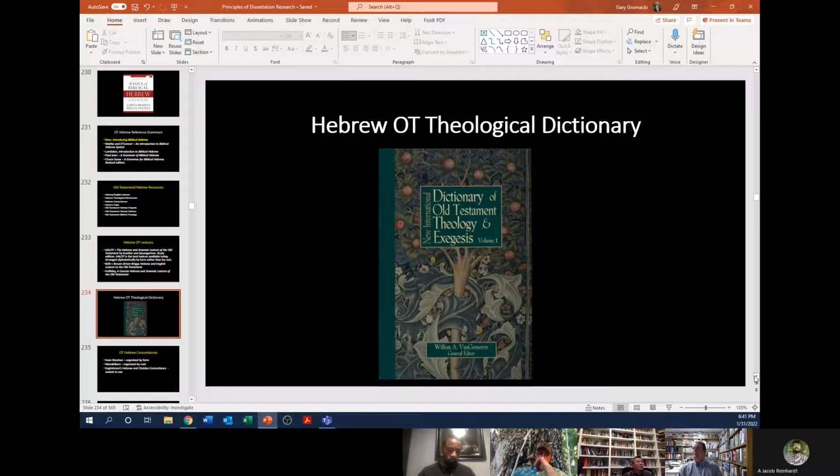So you're going to find much more information here for word studies. And so this is the standard for word studies now in Hebrew studies. So you should be aware of that.